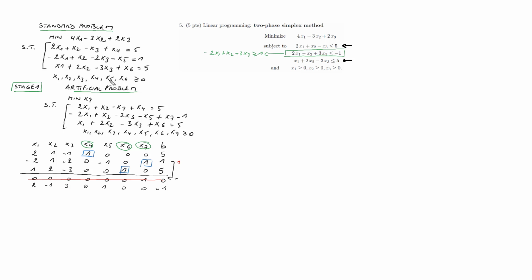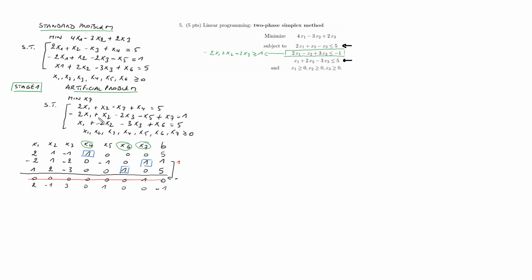Here, it's not obvious to find a basic feasible solution to start with. This is because of this minus over here. So we'll start with stage 1, which is an artificial problem, and the idea of this artificial problem is to find a basic feasible solution, right?